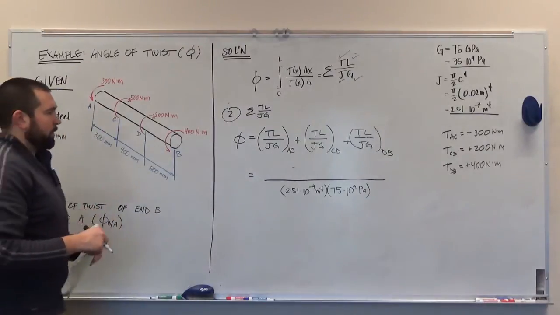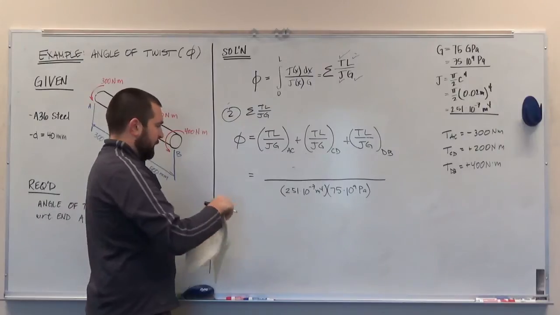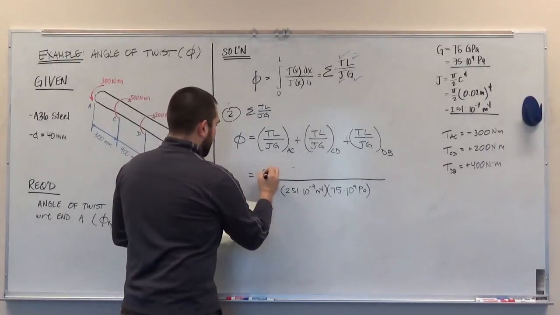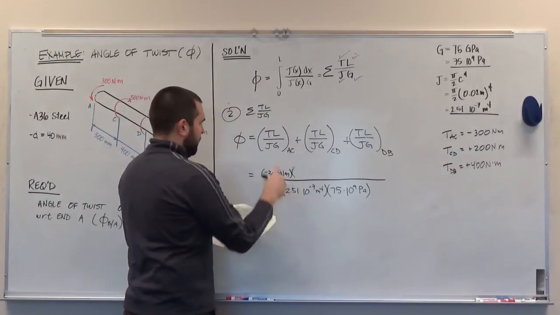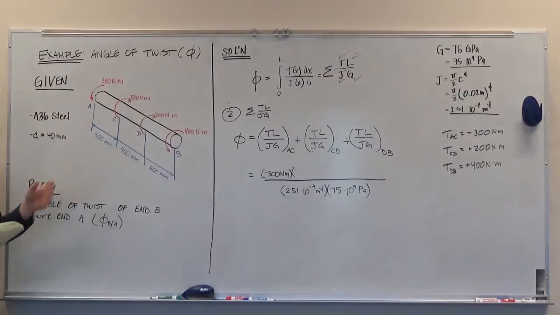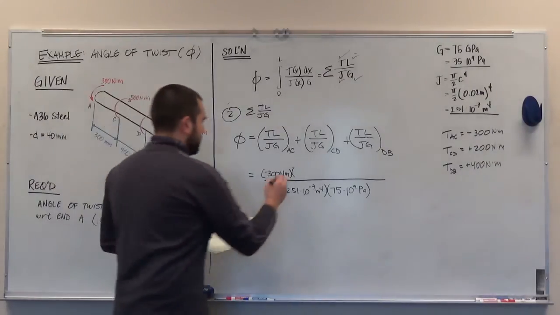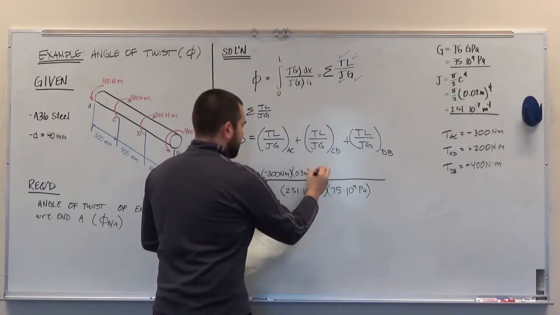I'm going to put the sum of T times L in the numerator for each of these. And so for AC, I get negative 300 Newton meters times the length. AC is a length of 300 millimeters, but we want to change that into meters, so it's 0.3 meters. That's member AC. We're going to add member CD.